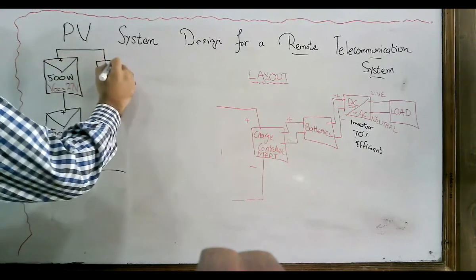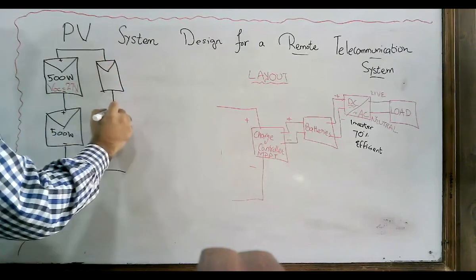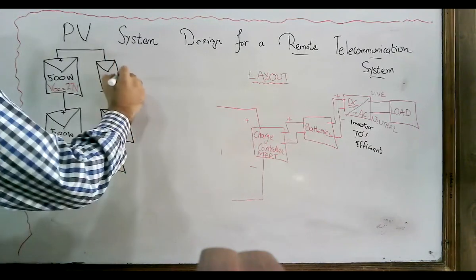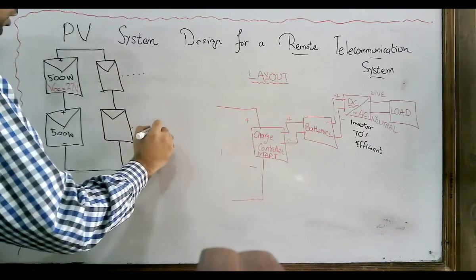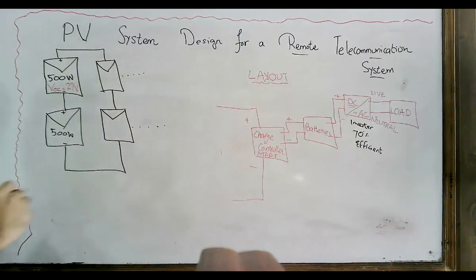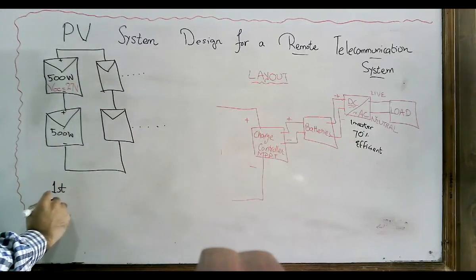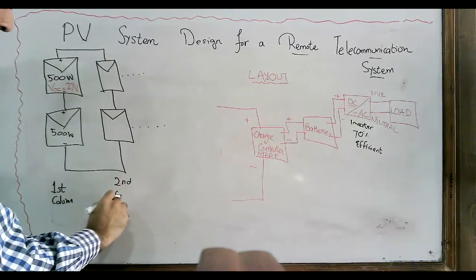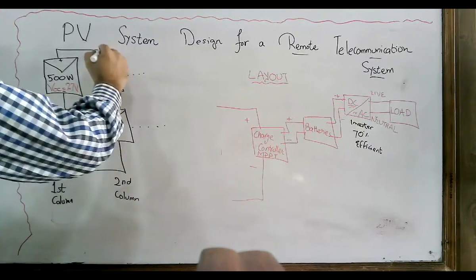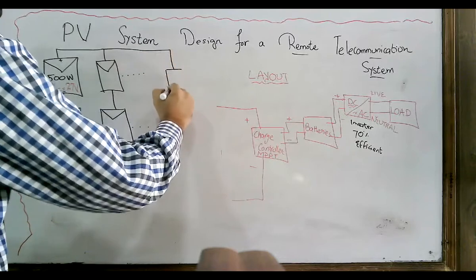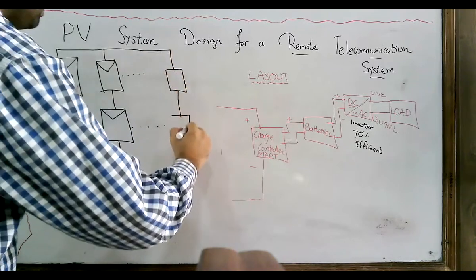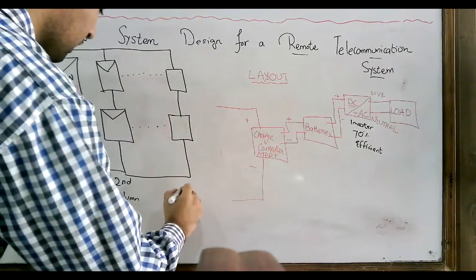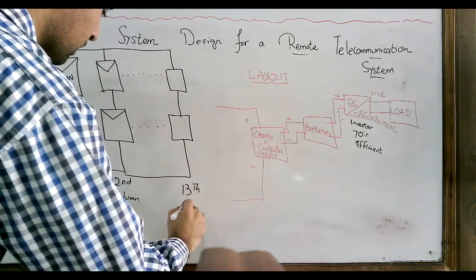Then what we do in the next step, we just copy them. And how many columns we will be having? This is the first column. This is the second column. And we will be having around 13 columns. This is the 13th column.